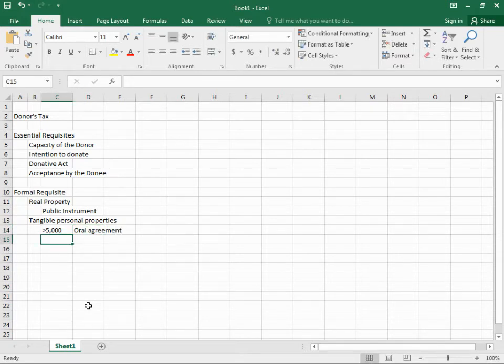Okay, pag less than 5,000. So, basta nag-agree kayo, kahit verbal or agreement, then it is a valid donation. But if it is more than 5,000, then it must be in writing. Okay?